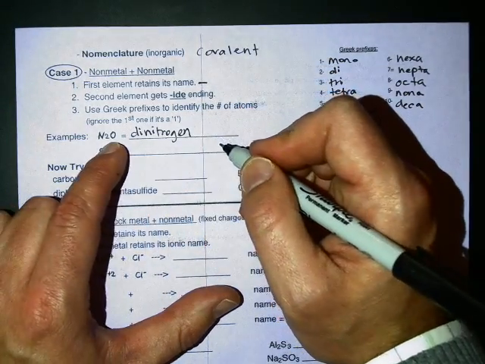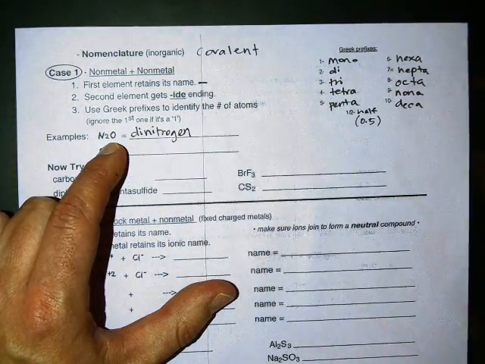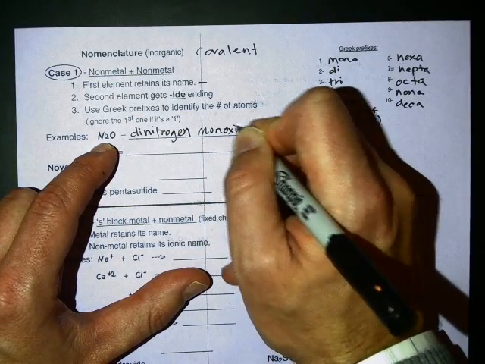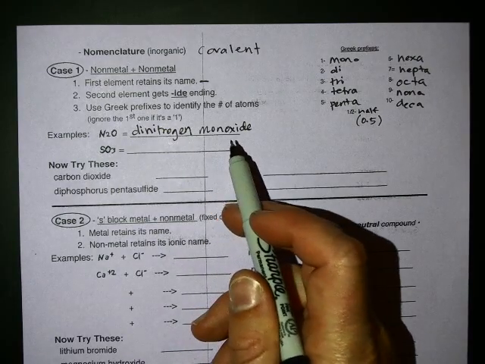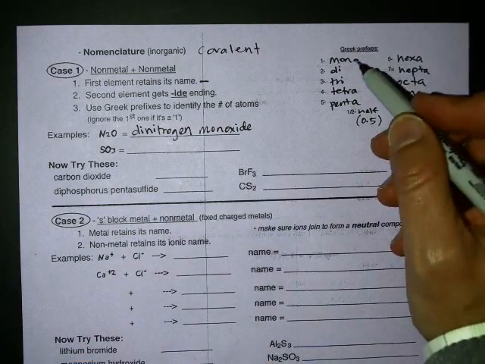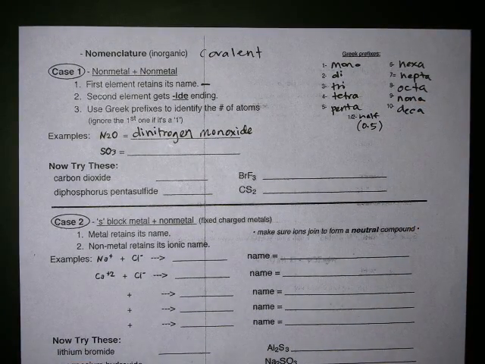And then how many oxygens are there? 1. And for the second one, you use all the prefixes. So 1 through 10, so it's called monoxide. It would not be incorrect if you wrote mono-oxide, but you don't have to. You can drop this last vowel as necessary. Okay?